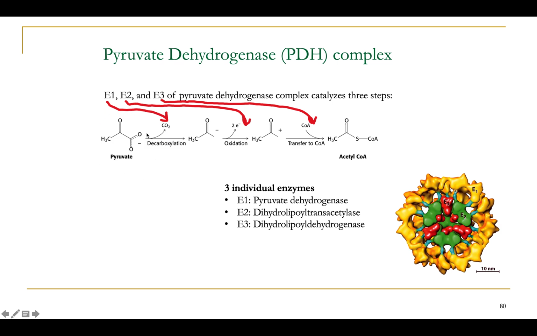In the first stage, pyruvate is decarboxylated, losing its terminal carboxy group, and the respective acetyl carbanion secondly loses two electrons in the process of oxidation, and then gets transferred, esterified with coenzyme A, converting this to the final product acetyl-CoA.